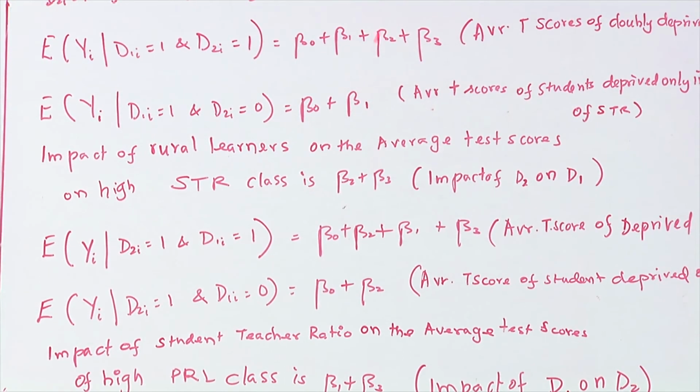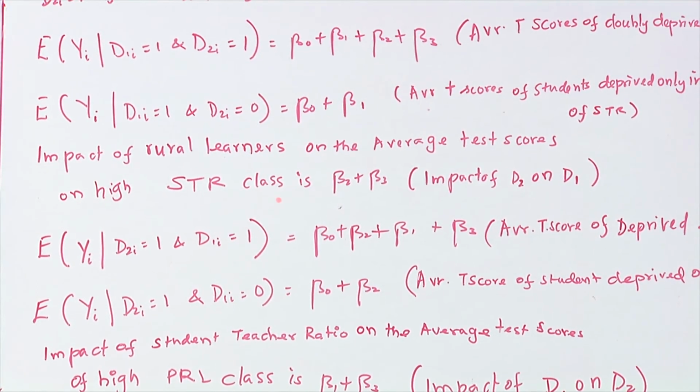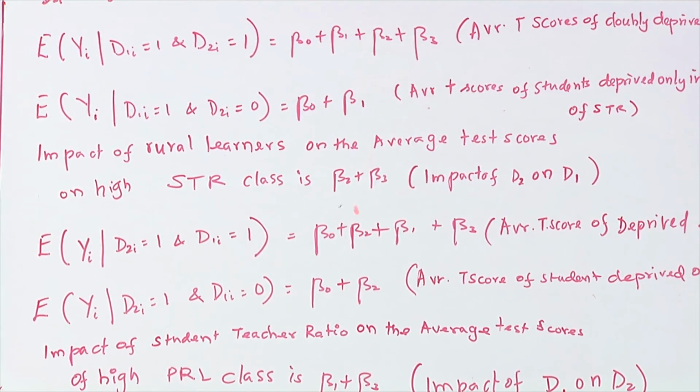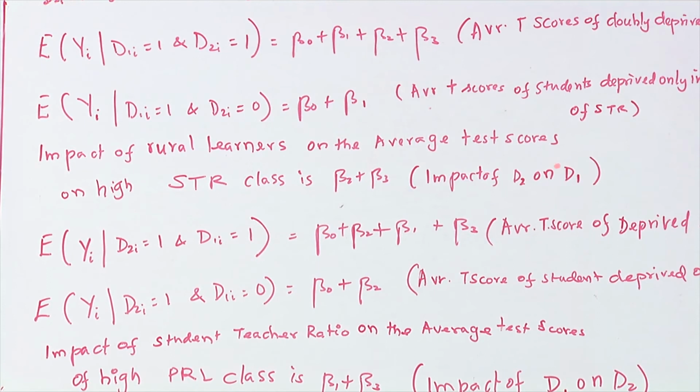So, the difference of it will give you the effect of PRL, because the impact of rural learners on the average test scores on high STR class is beta 2 plus beta 3, that is the impact of D2 on D1.